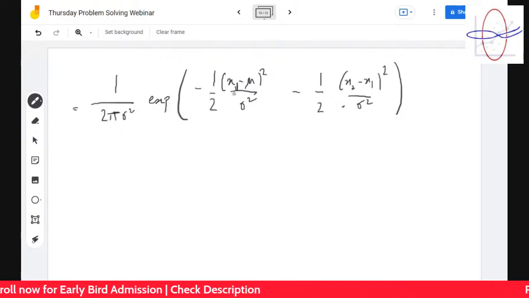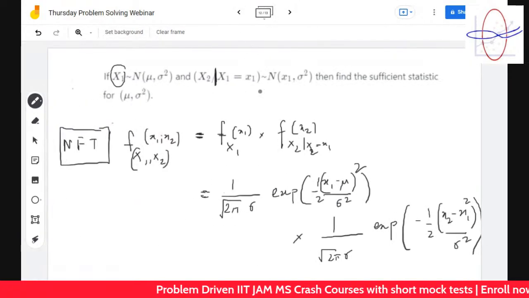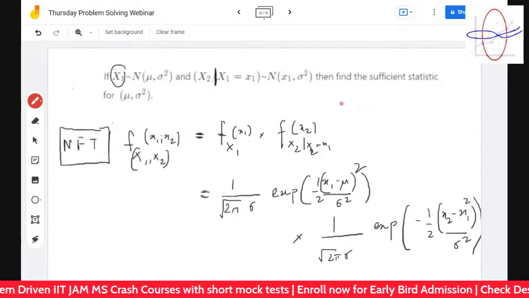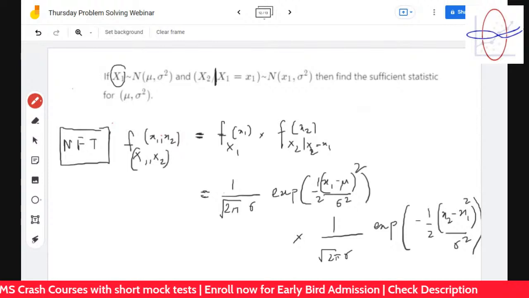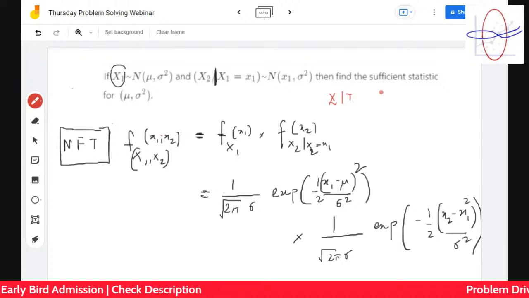So let's write it down. What is the form of NFT? Remember, joint distribution means given t, x bar given t is independent of theta.